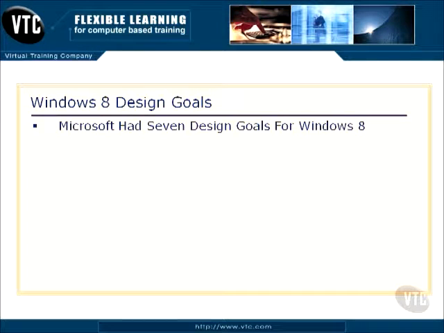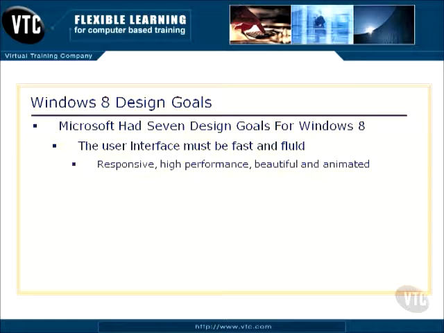Now, Microsoft had 7 distinct design goals for Windows 8. First of all, the user interface has to be fast and fluid. It can't drag. When you touch, when you move, something needs to happen. Responsive, high performance, it has to be visually pleasing, and it has to be animated. And we have to stress efficiency with the operating system.